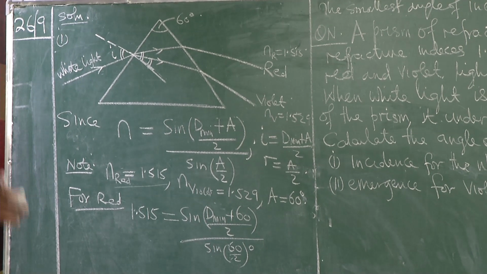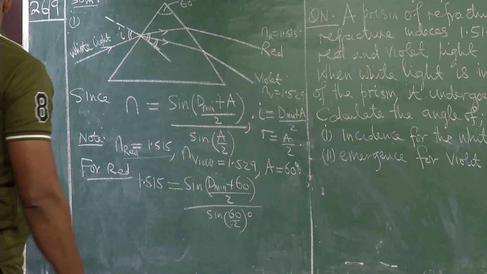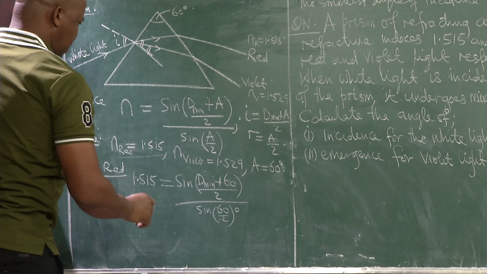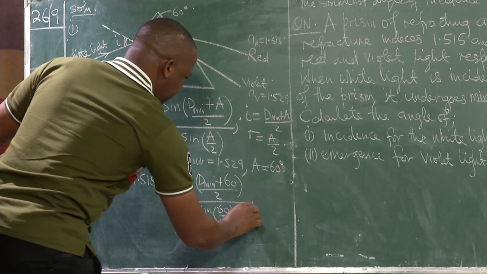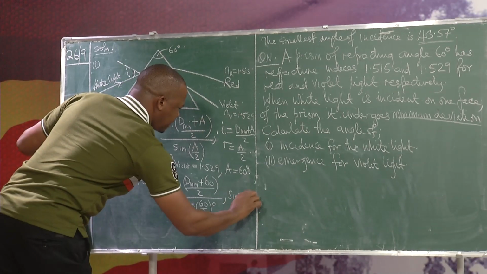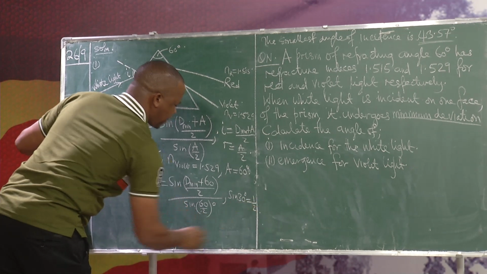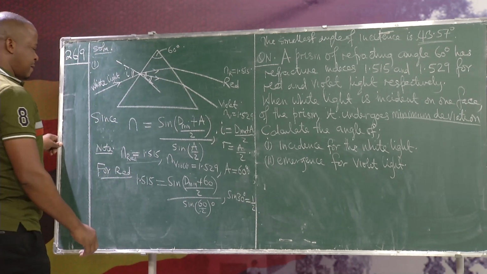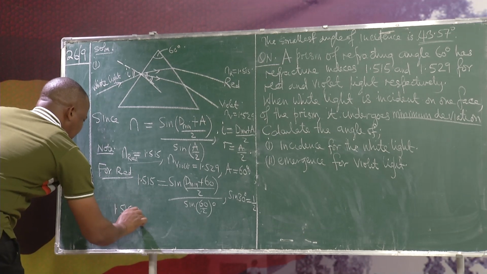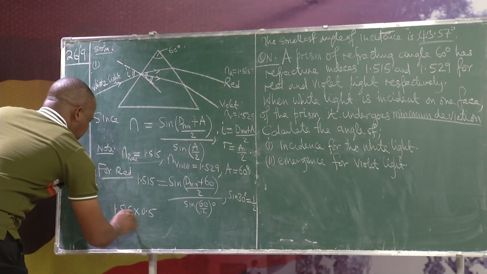I want to get the minimum deviation, and I will proceed to note that the sine of 30 is a half. 60 divided by 2 is 30. So I'll have my 1.515 and multiply it by 0.5.